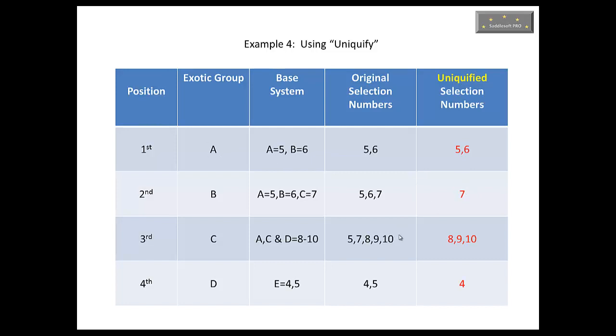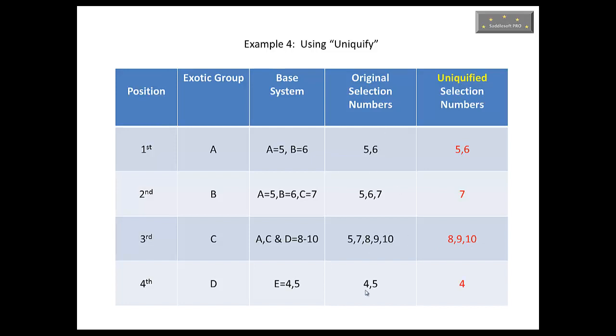Going down to exotic group C, it'd be 5, 7, 8, 9, 10 under the original selection numbers, but in the uniquified version of that, we've already used 5 and 7 in one of the prior groupings, so only 8, 9 and 10 are left as unique numbers.